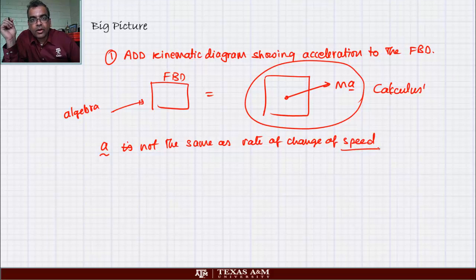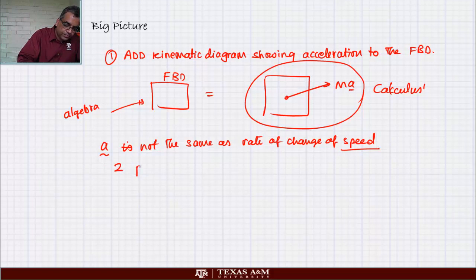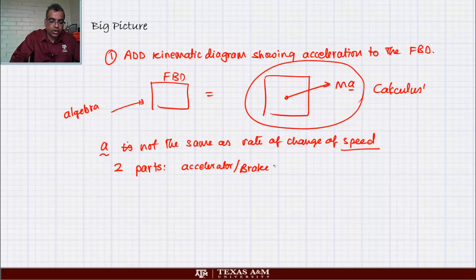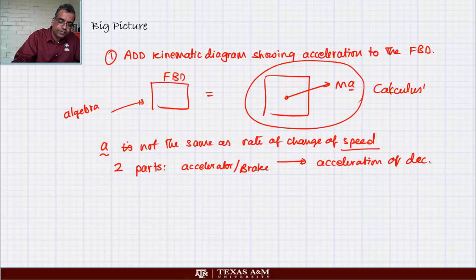So when you think about when you're driving your car, there are two parts to it. First part is accelerator or brake. That causes acceleration or deceleration. And this is what we typically think of.